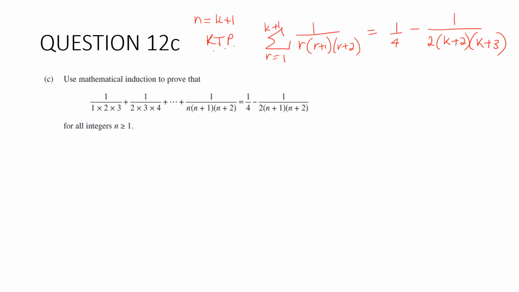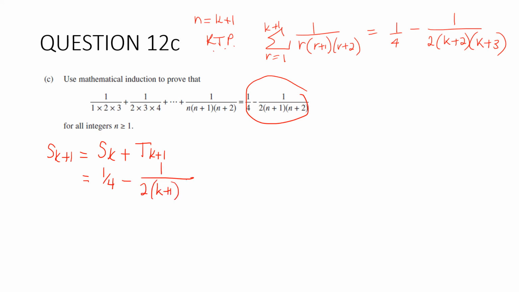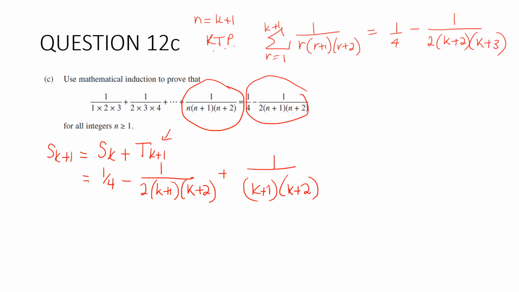Okay, so let's set up our proof. The sum to k plus 1 will equal the sum of k terms plus our k plus 1th term. So our sum to k terms, just from here, is a quarter minus 1 on 2, k plus 1, k plus 2, plus our k plus 1th term, which is this one here but with a k plus 1 in it: 1 over k plus 1, k plus 2, k plus 3.